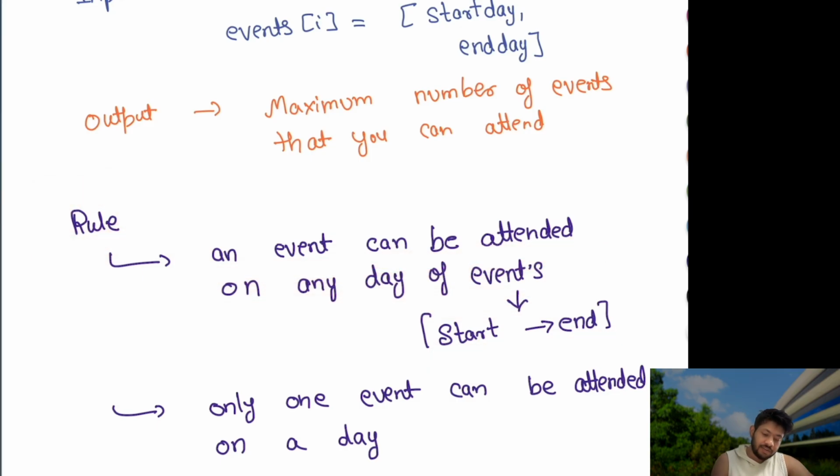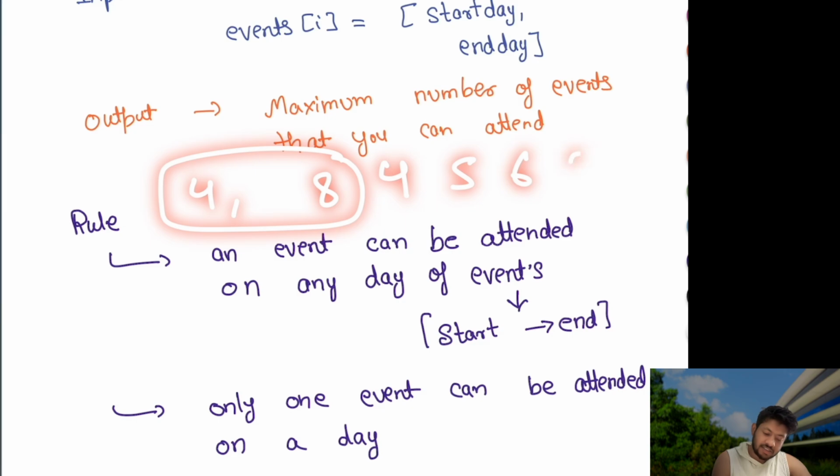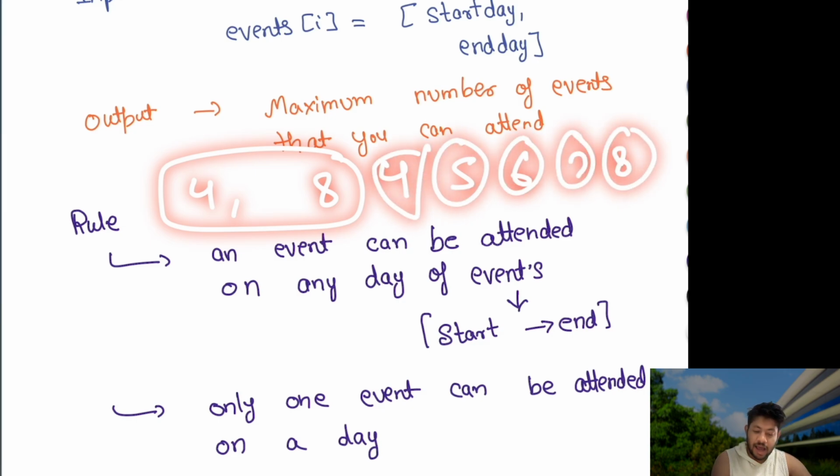If an event is happening from day 4 to day 8, that is, days 4, 5, 6, 7, 8, I can say that I have attended it if I attend on any day of the event's start to end.